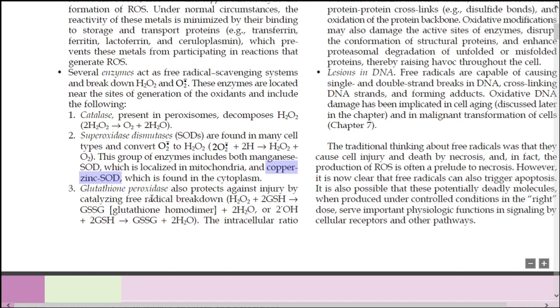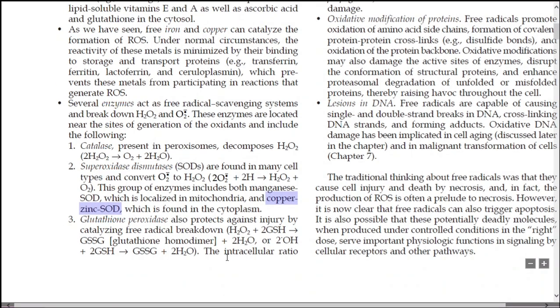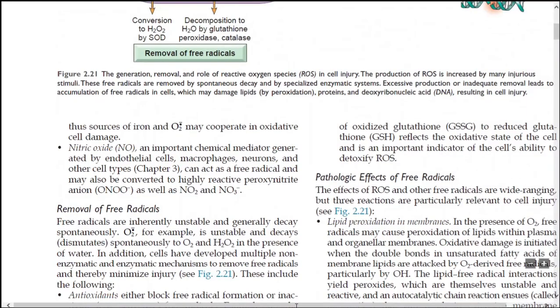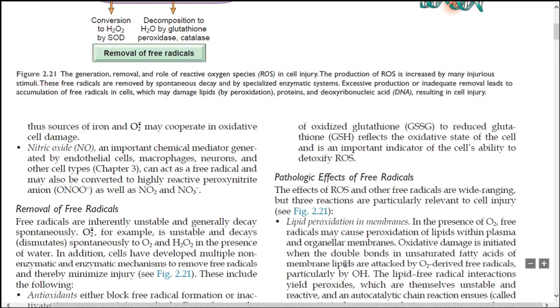Next we'll see glutathione peroxidase. Glutathione peroxidase protects against injury by catalyzing free radical breakdown. Hydrogen peroxide reacts with glutathione to form glutathione homodimer and water, or 2 hydroxyl free radicals. The intracellular ratio of oxidized glutathione to reduced glutathione reflects the oxidative state of the cell and is an important indicator of the cell's ability to detoxify ROS.